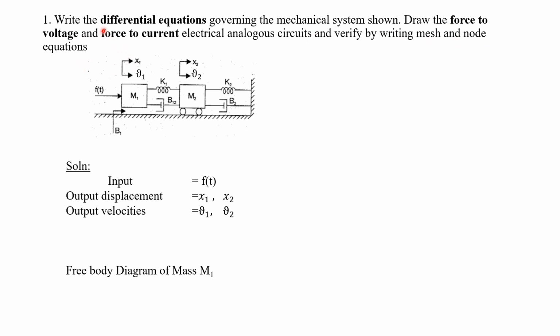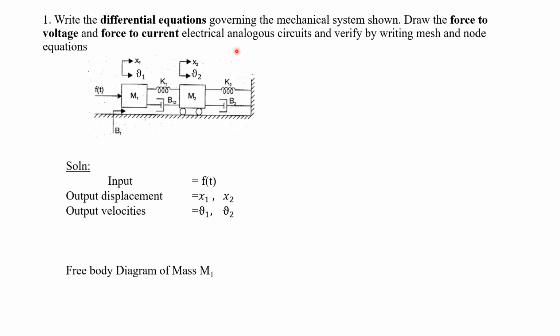So here the differential equation is the basic step in all the analysis problems. We are finding the differential equation. Here what is asked is the force to voltage as well as force to current electrical analogous circuit. In some problems, without mentioning force to voltage and force to current analogous circuit, they will simply ask to find the analogous circuits or electrical analogous circuits.